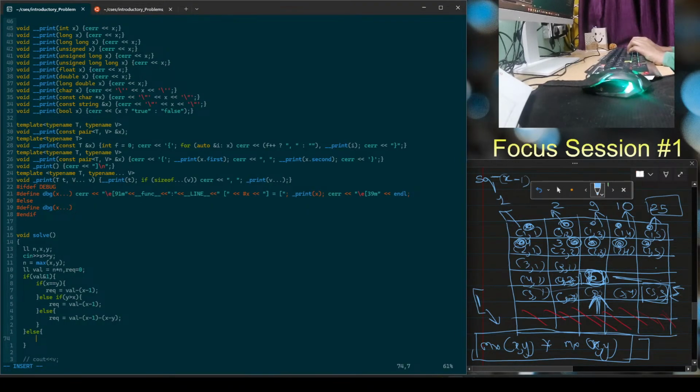Okay, now if it is given, I know if x equal to y, this will follow the same path. That is required will become value minus x minus 1.